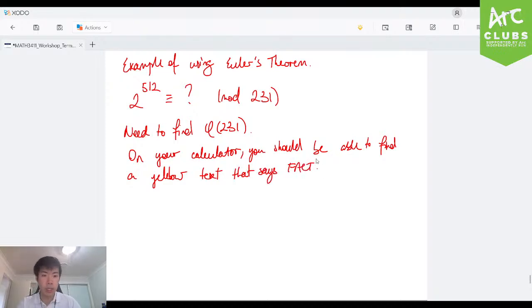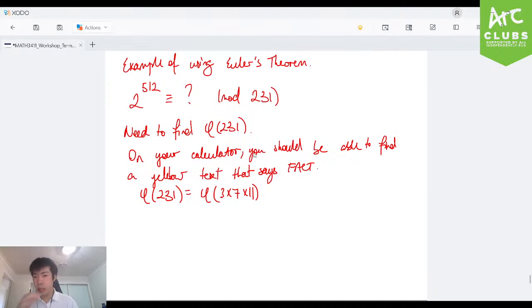Essentially what we can do is type in the number 231, press equals so that it pops up in the answer box, press shift, and then press the speech bubbles, and that will just factorize the number for you. So straight away on a calculator, you can see that 231 is 3 times 7 times 11.